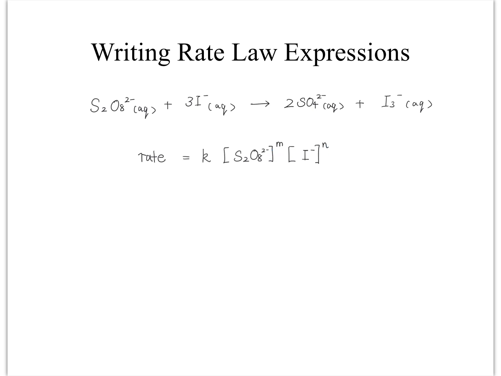We don't know yet, because we cannot use just the coefficient. It's nothing to do with the coefficient right here. Now the scientists determined that m equals 1 and n also equals 1, meaning m plus n equals 2. That gives us a second order reaction. Okay, so that is how you write out the rate law.